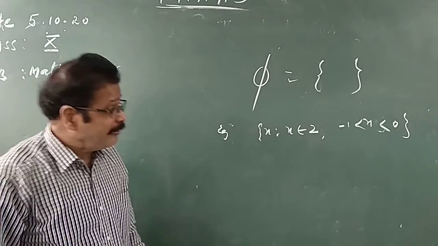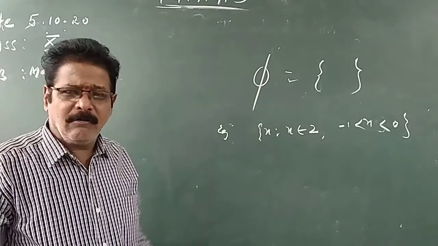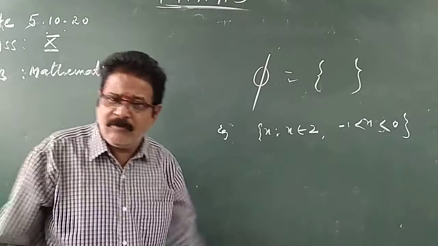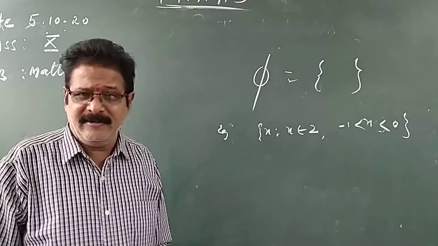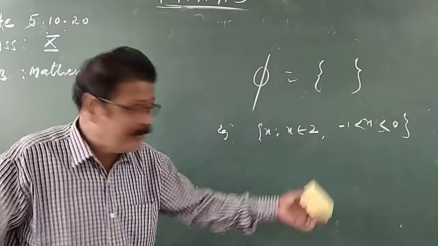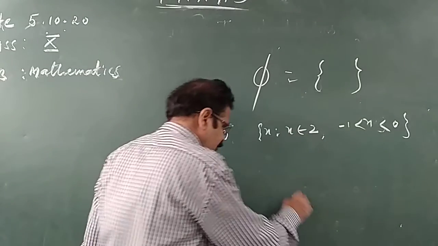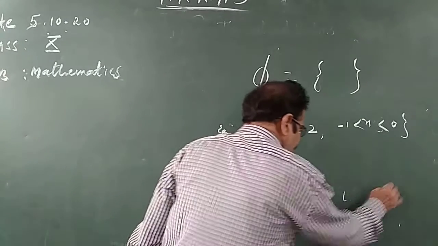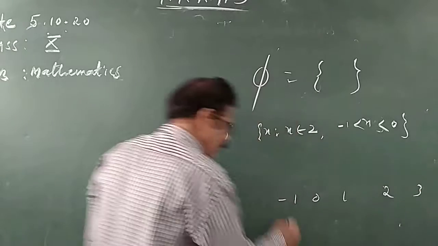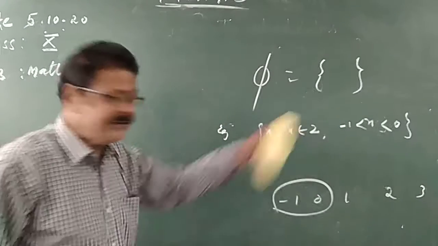Is there any integer between -1 and 0? No. Between -1 and 0, we don't find any element. So this is an empty set.